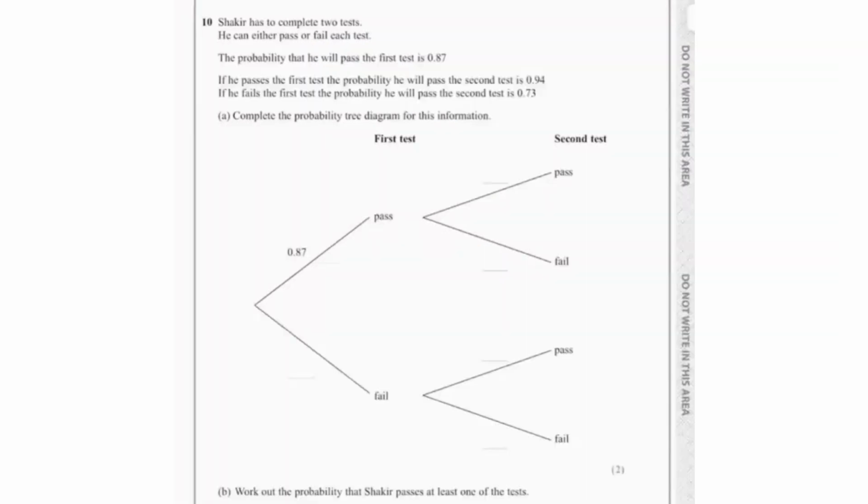Part B says work out the probability that Shakir passes at least one of the tests. So to calculate the probability that Shakir passes at least one test, what we can do is find the probability of him failing both tests. It is going to be 0.13 times 0.27.